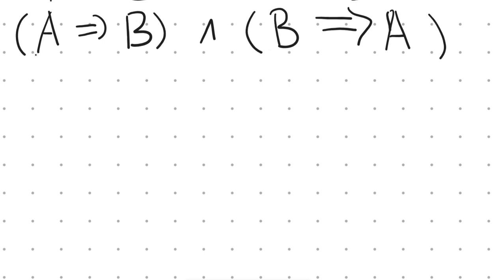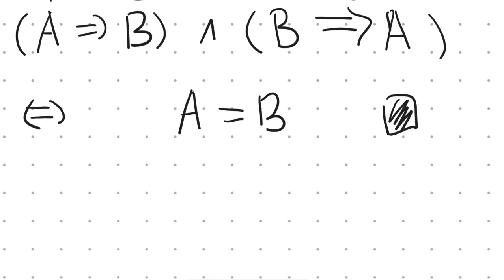We have proven that A implies B and B implies A is actually equivalent to saying that A is equal to B, or A is equivalent to B. Now, A equivalent to B is just the same as saying that the set A is the same thing as the set B. So we have proven the second formula, which is the symmetry formula of the set theory.